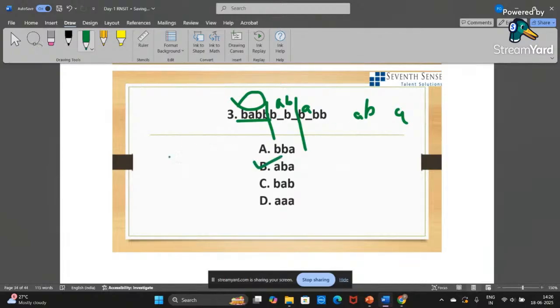So the sequence should look like B, A, B, B, again B, A, B, B, again B, A, B. So just by looking at 4 letters, we can analyze in a few problems, not in all.